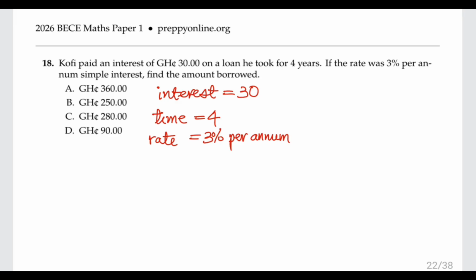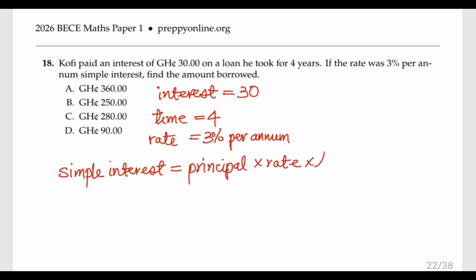Well, the formula for simple interest, let's start with that. Simple interest is equal to the principal, the amount he borrowed, times the rate times the time.